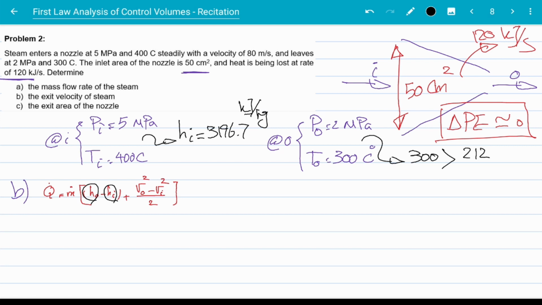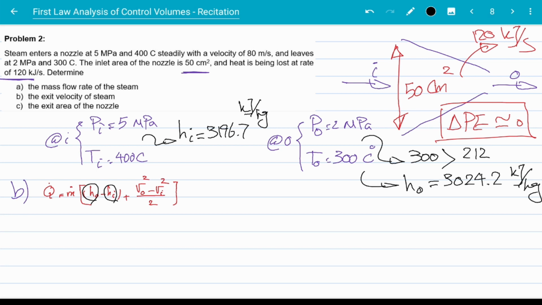So again, at the outlet, we are still dealing with superheated steam. And then we can use the tables to find that h_o is 3,024.2 kilojoules per kilogram. Okay, so I found both of these.